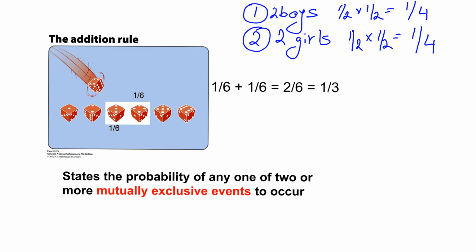We use the multiplication rule: the probability of having the first child a boy multiplied by the second child a boy. The same you apply for the second scenario where two children will be girls. You use the multiplication rule to calculate the probability of having two girls. So you define these two events. However, the question now is, what is the probability of having two children of the same sex?